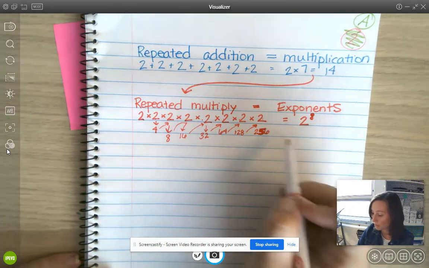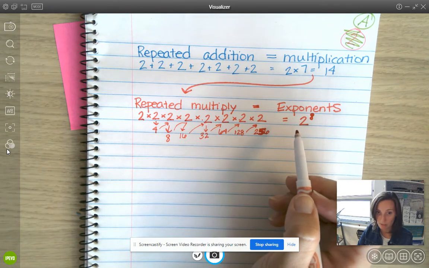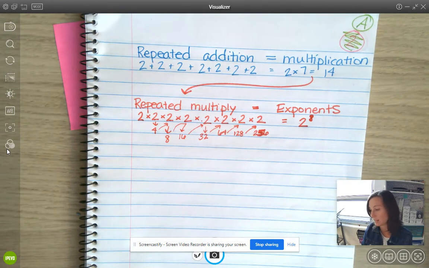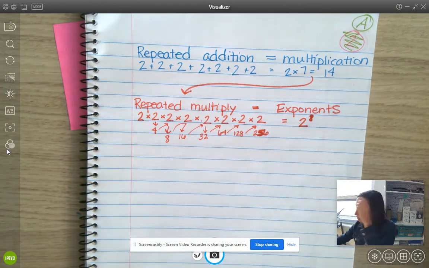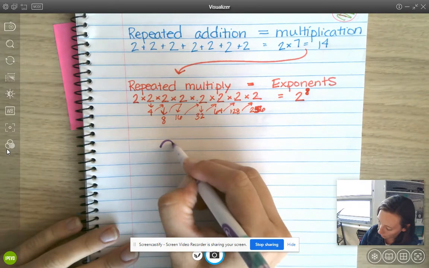This tells me I'm going to multiply 2 times 2 8 times. I'm going to repeatedly multiply 8 times. So let's talk about this right here. We have 2 to the 8th power.